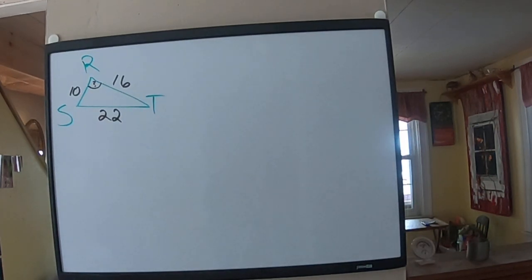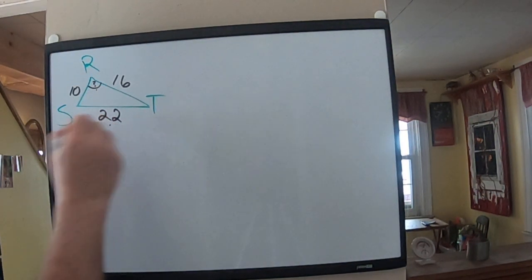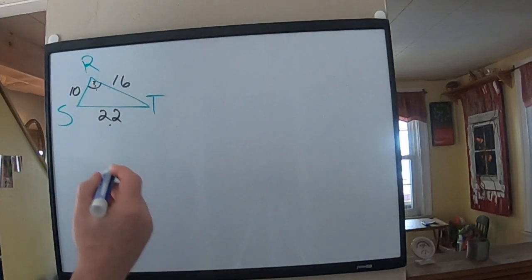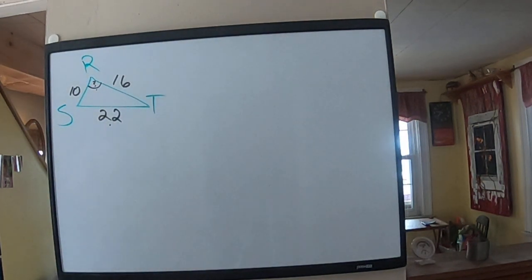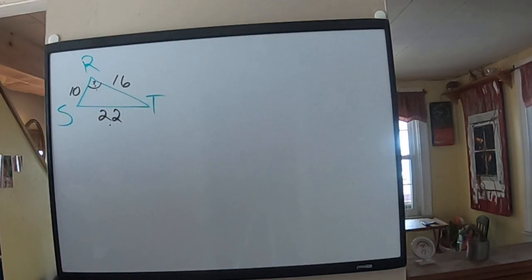So when I write this out, I'm trying to use this and this as my main two, because we're trying to solve for angle R. So I'm going to be using R, this letter, as my left side of the equation.